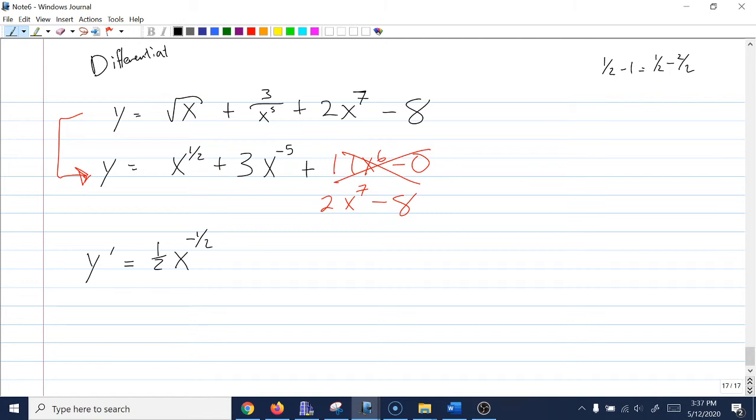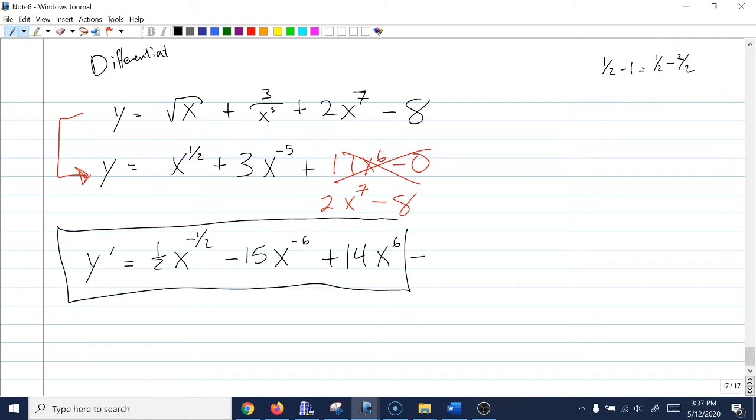Negative 5 times 3 makes negative 15. x to the, what's 1 less than negative 5? It is negative 6. 7 goes down out front. I get 14x to the 6 minus 0. That's it. I'm done. Here's our answer. Yeah, that's about as bad as this gets.